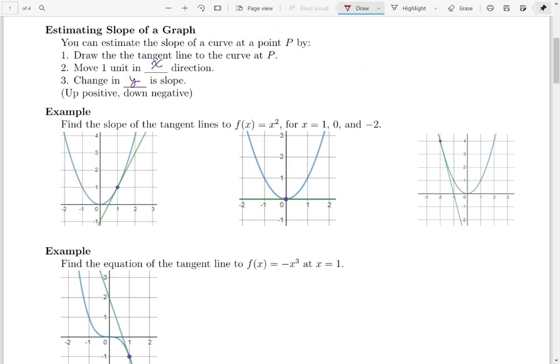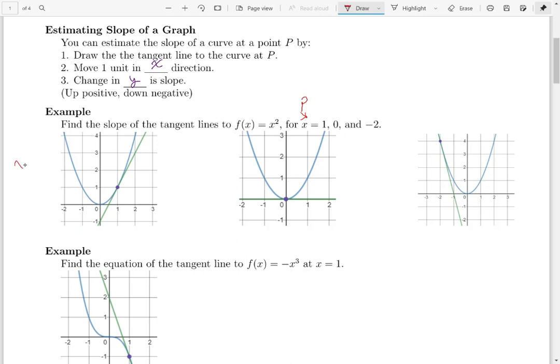Now at this point, we're going to find the slope of the tangent lines specifically to the function f of x is equal to x squared for three separate points. So these are our points P. x is equal to 1, x is equal to 0, and x is equal to negative 2. Now that's not the entire point, that's just the x coordinate of the point on the graph f of x.